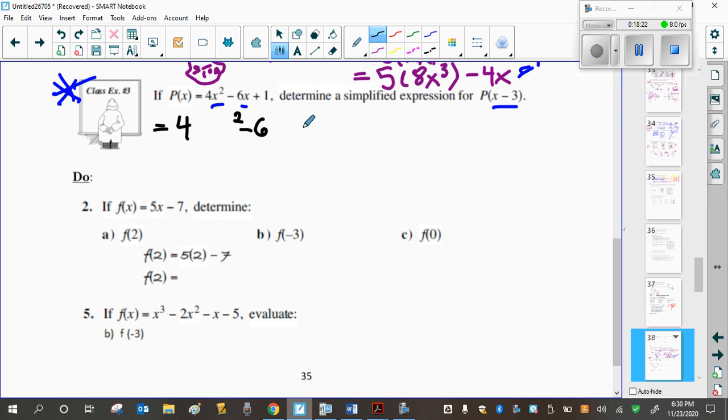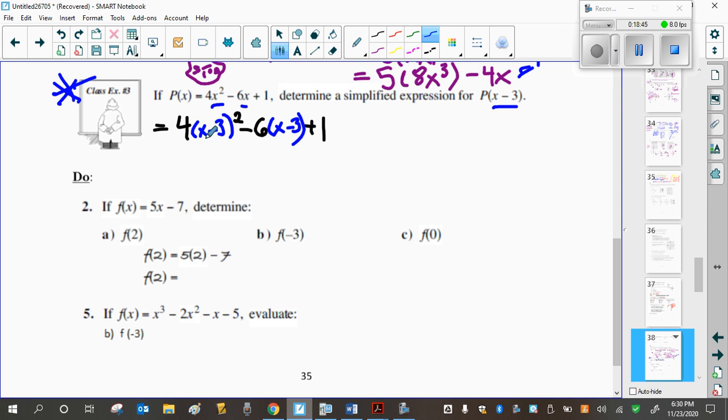This is everything that's not an x. And then wherever you see an x, you put x subtract 3. Okay, so all your x's turn into x subtract 3's.